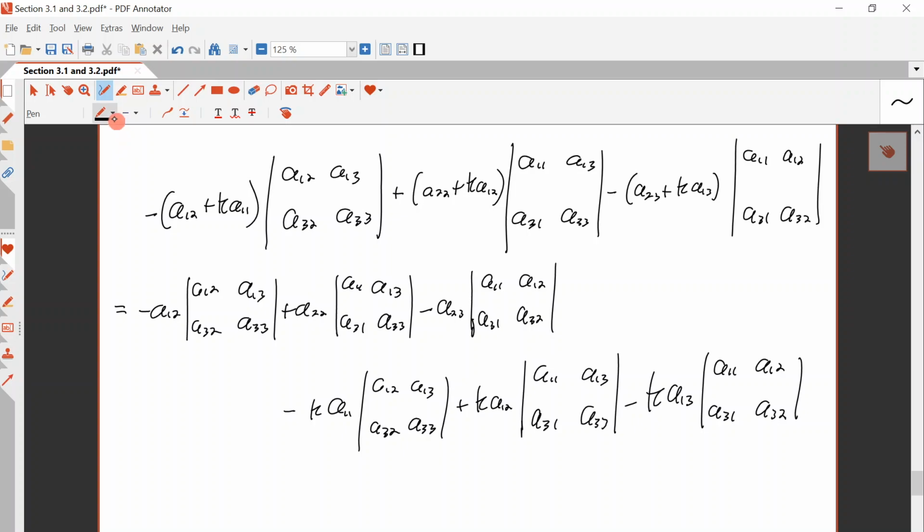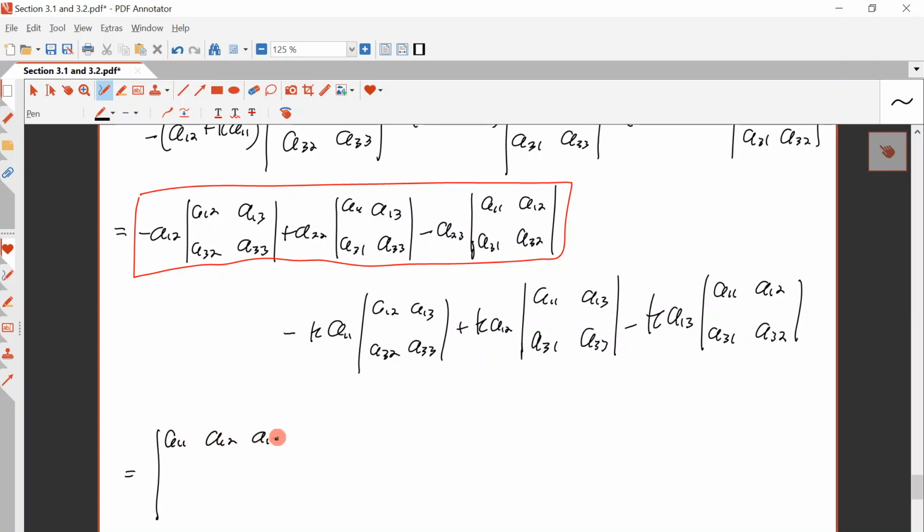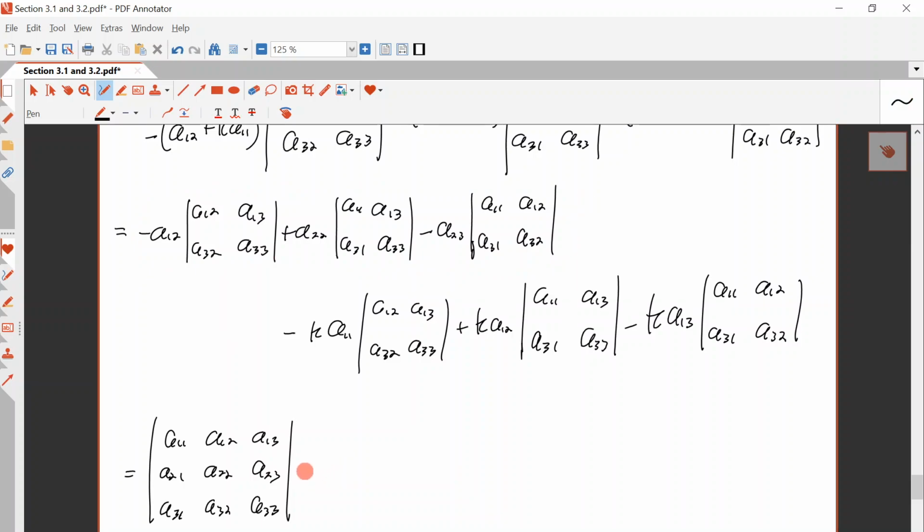Well, this right here is just the entire 3 by 3 determinant of the original matrix. That's the cofactor expansion for this 3 by 3 determinant, the original matrix before I added k times row 1 to row 2.